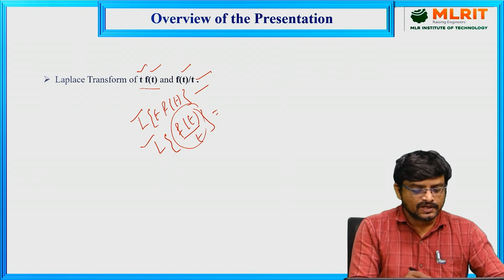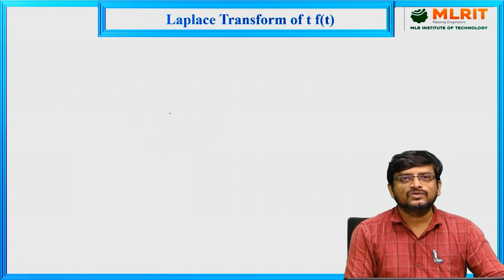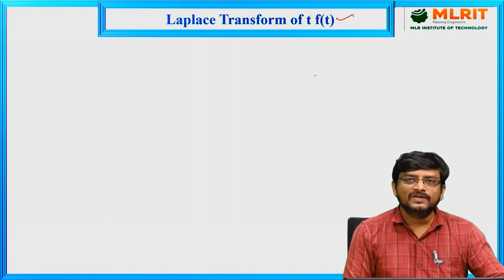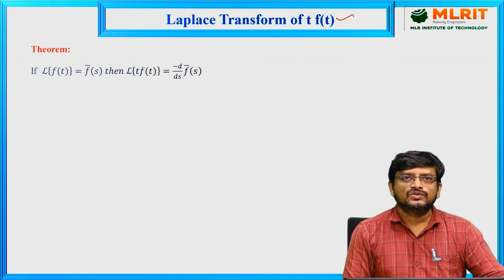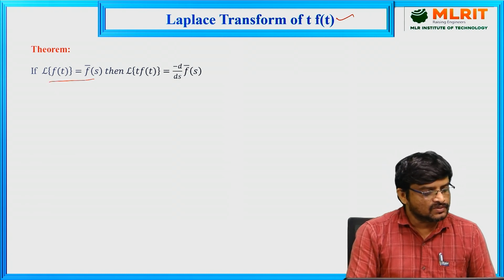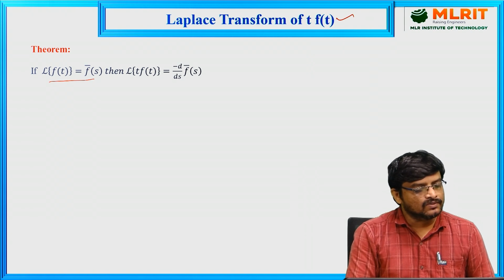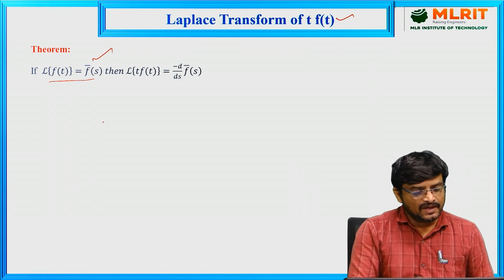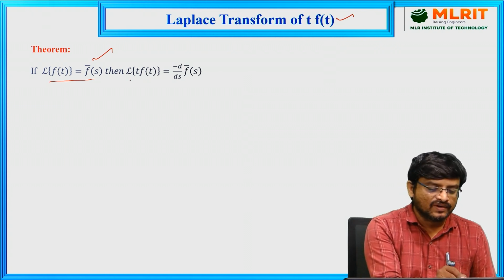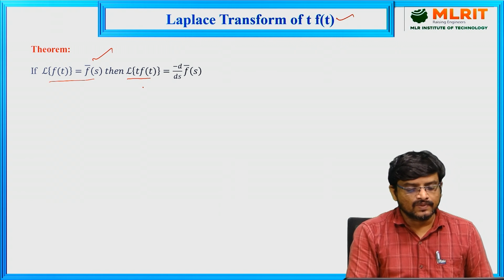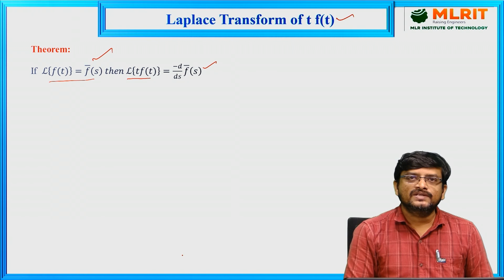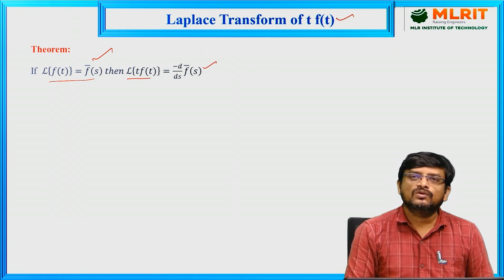First we will concentrate on t into f of t, how to find the Laplace transform of t into f of t. So first we will take the statement. The Laplace transform of f of t is equal to f bar of s. Then if f of t is multiplied with only t, that is t into f of t, the Laplace transform is given by minus d by ds of f bar of s, that is minus of the derivative of f bar of s.